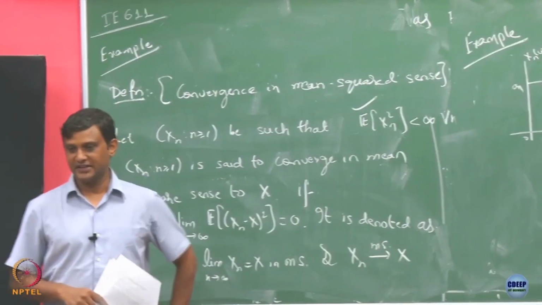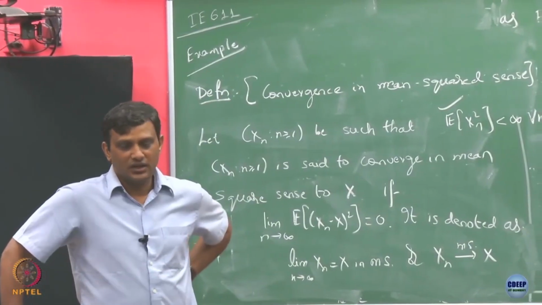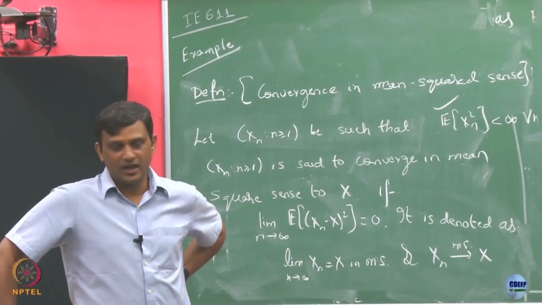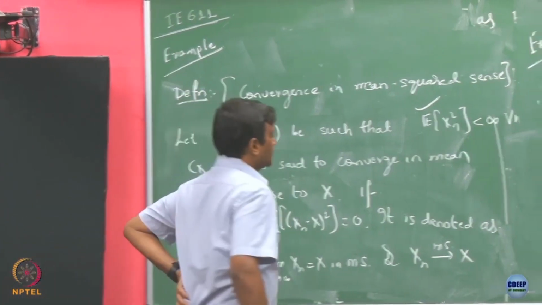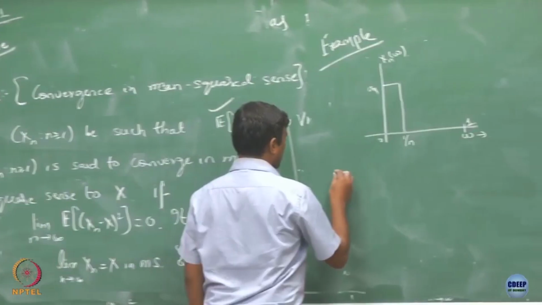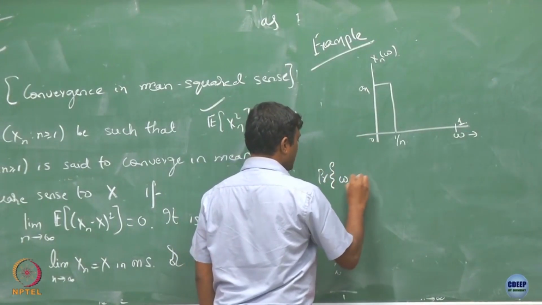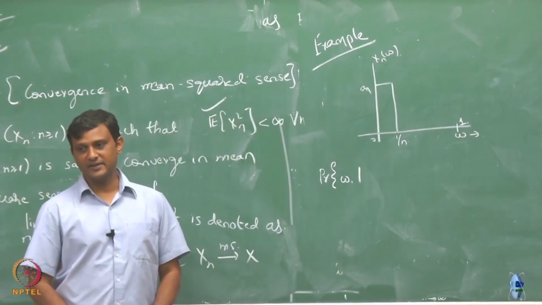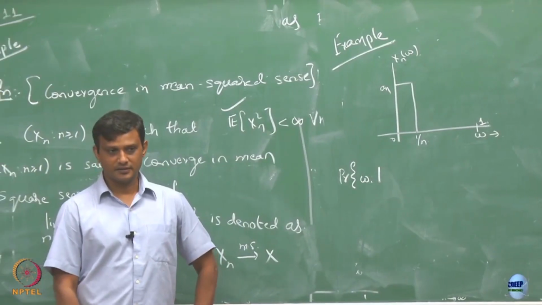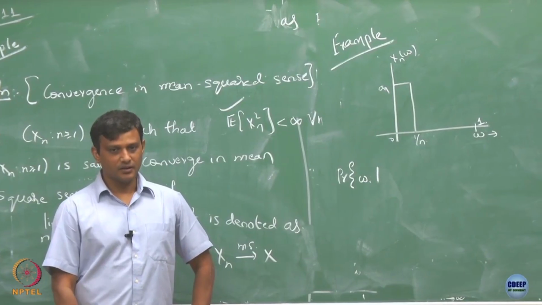So what do you think about this? Let's try to understand whether it converges in almost sure sense. To understand almost sure convergence, I need to compute this probability, right? So first, what is your guess? What could be the limit?